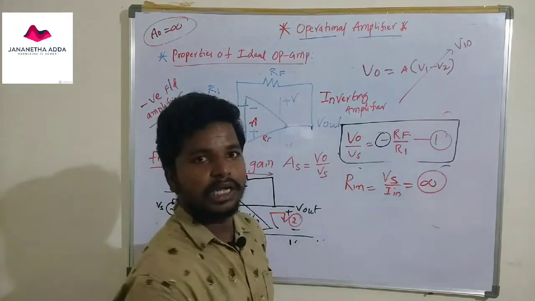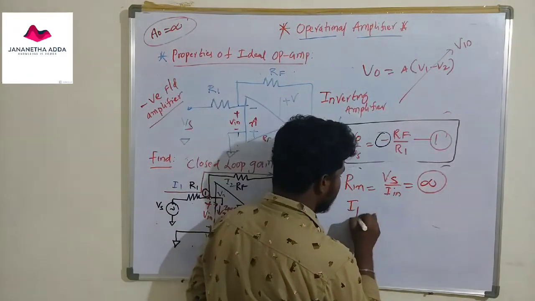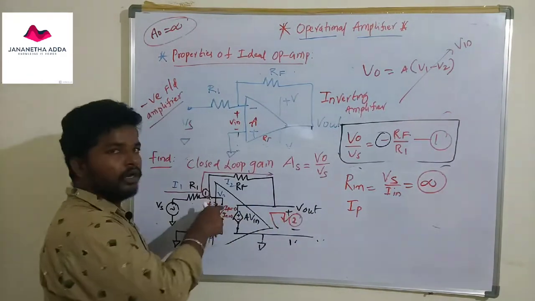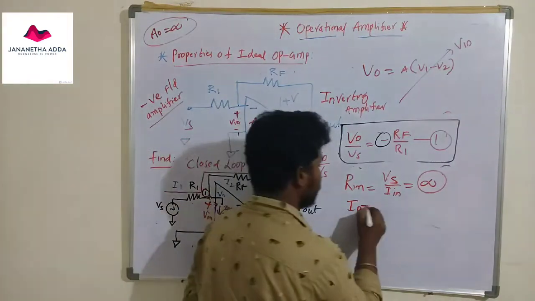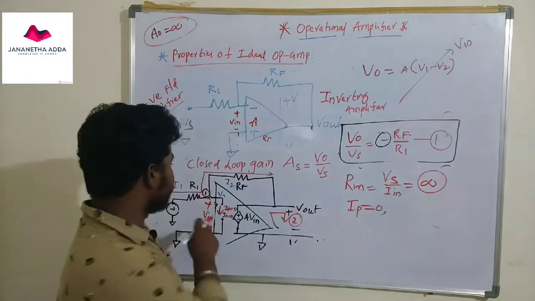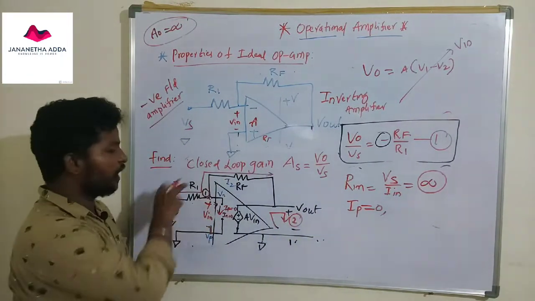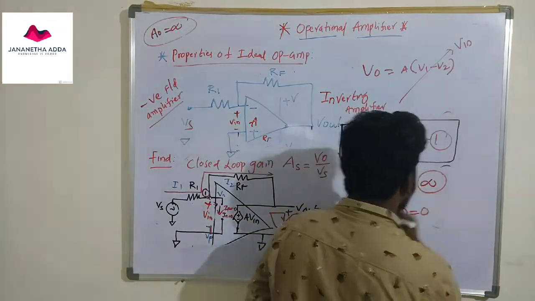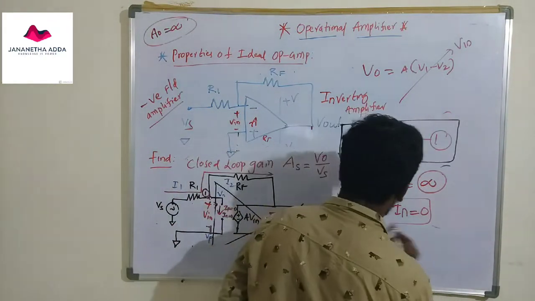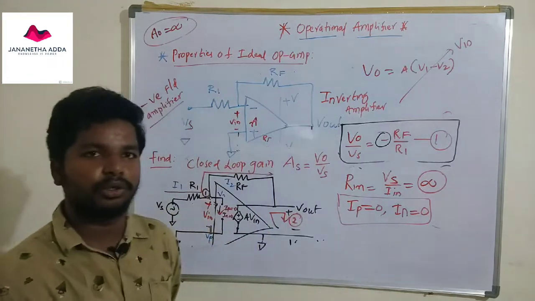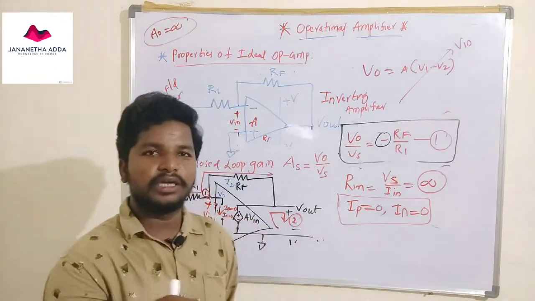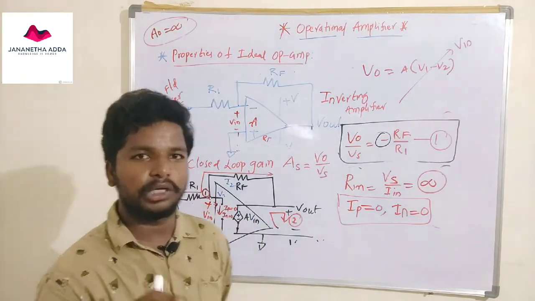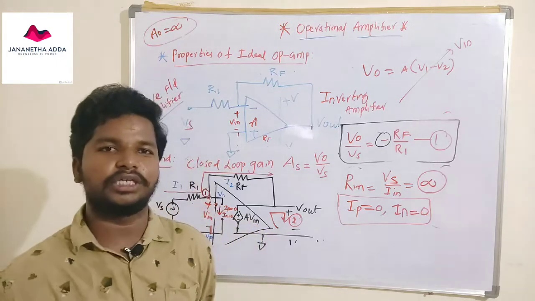Because of having infinite input impedance, the current flowing through the positive terminal into the operational amplifier is equal to 0, and also the current flowing through the negative terminal equals 0, so Ip equals 0. The operational amplifier takes 0 input current because of its high input resistance.